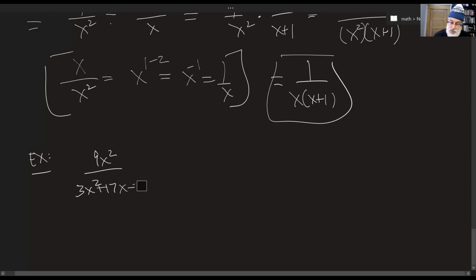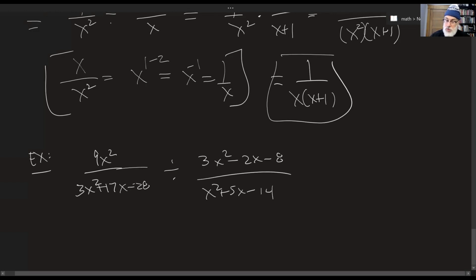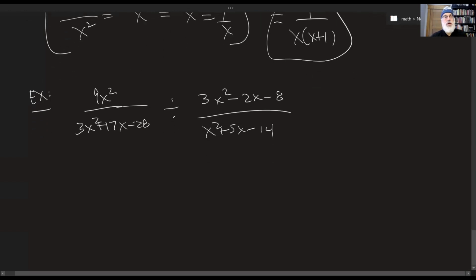So here is a rational expression. So we can handle this one of two ways. We could factor first and then write this as a reciprocal multiplication, or we can write it as reciprocal multiplication and factor.